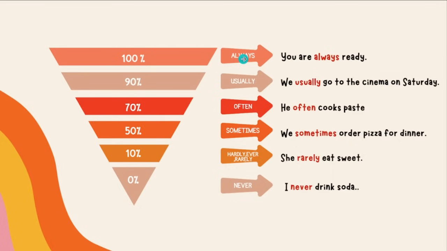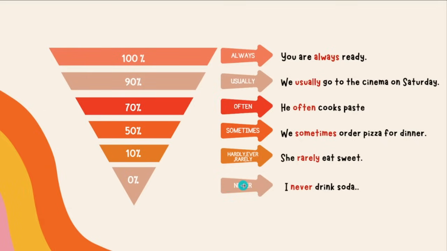And the example words, like always, usually, often, sometimes, hardly ever, rarely, and the word never. It's like if we categorize this in a percent. So never means 0.